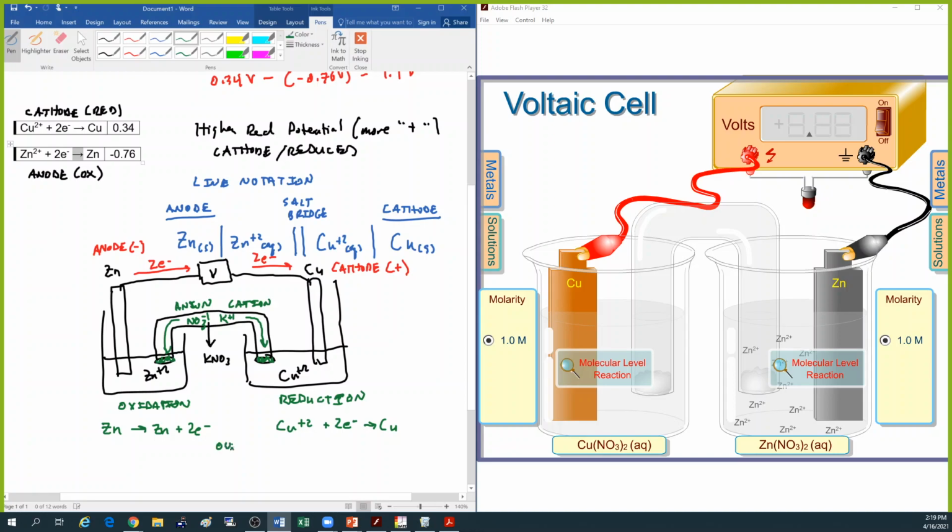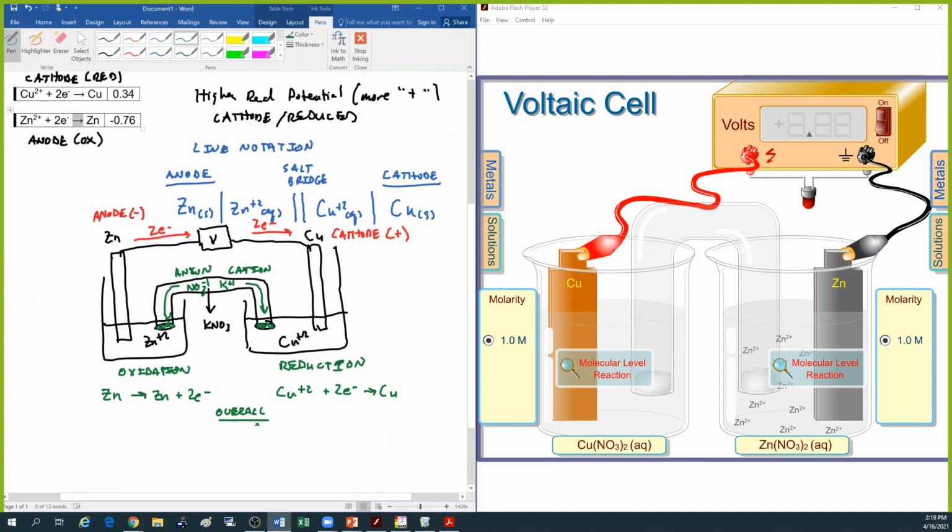So the overall reaction that this cell is using to produce electricity is just the sum of these two half reactions. So this is a relatively simple one because there's not too much going on. The electrons already kind of work out because it's 2 in and 2 out per atom.